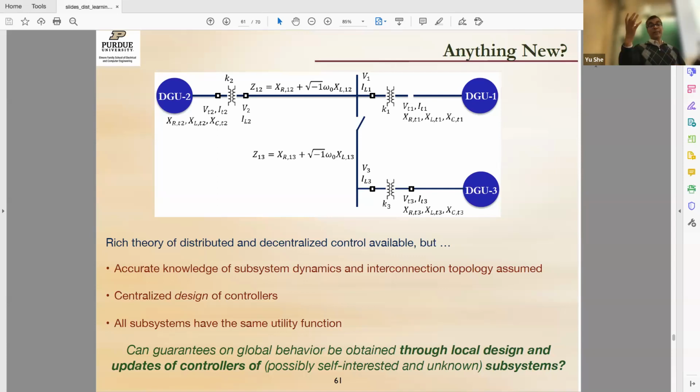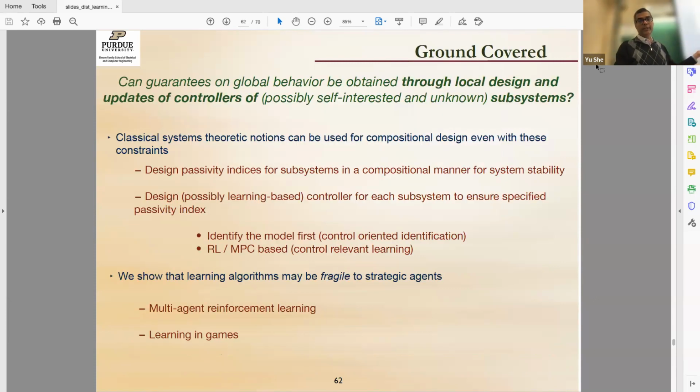We talk about scalability, or not knowing individual subsystem dynamics or their utility function, or not wanting to do the design at a central place, but wanting resilience or performance to be obtained by local design. We covered some of those things. So we covered compositional design, or local design, for stability under these constraints.